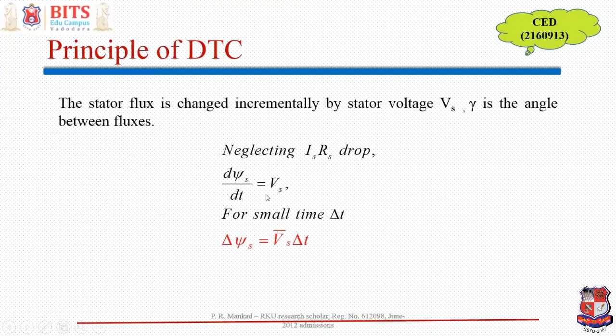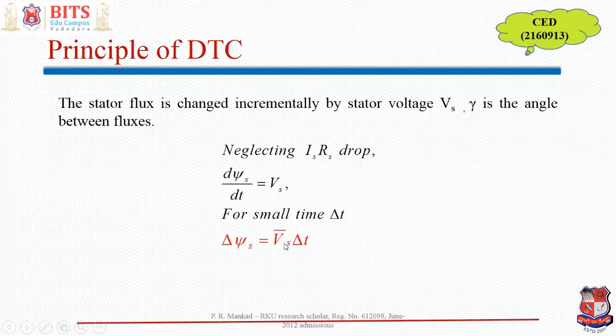So for a small interval, delta psi s is nothing but Vs into delta t. That means the change in flux vector will be whatever voltage vector is in force, active for a small time delta t.